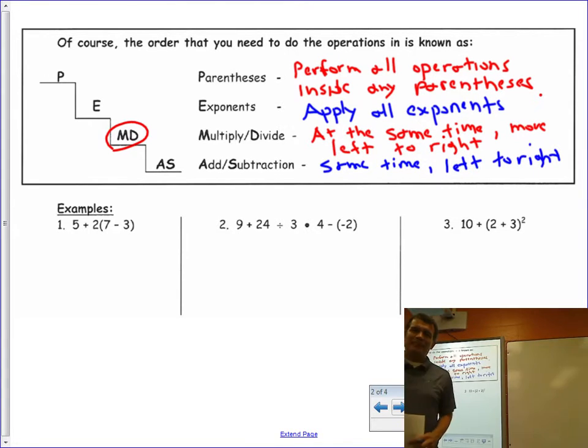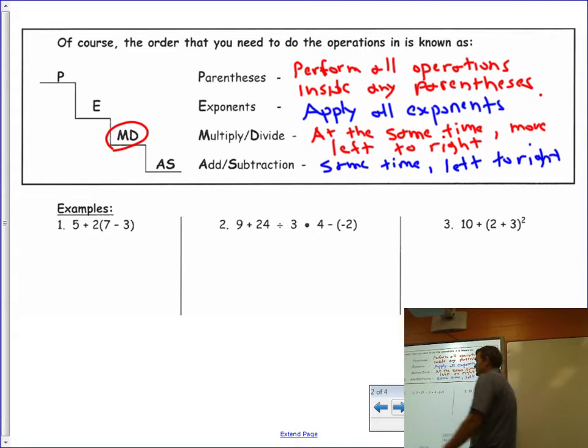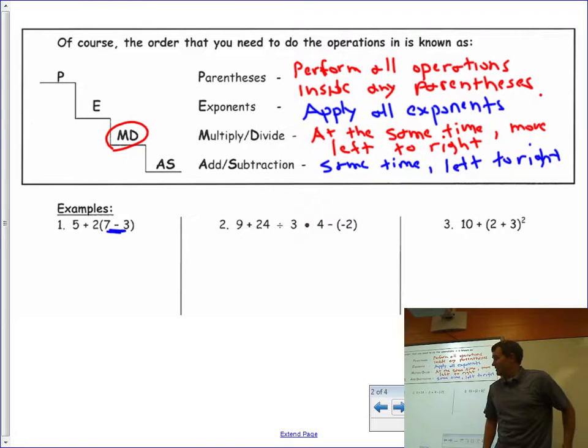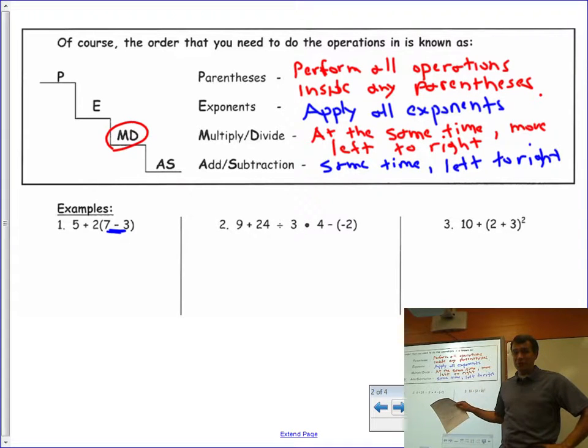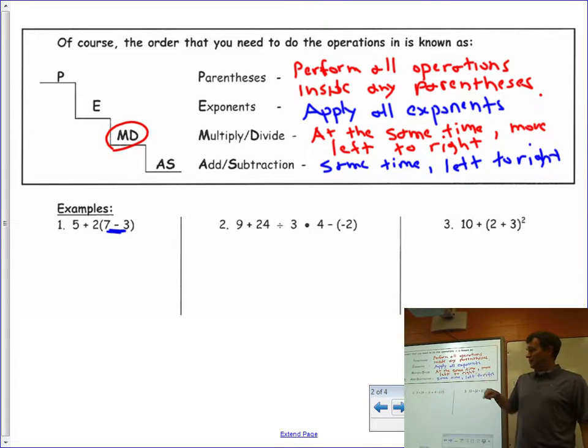In the first example, I am going to do the parentheses first. I'm going to do inside the parentheses first. Now, these parentheses are also being used as a multiplication symbol. I can tell that because there is a number sitting right next to the parenthesis. As opposed to the second problem, which has a parenthesis and it's got an operation, subtraction, next to it, the first problem has a number right next to the parenthesis.